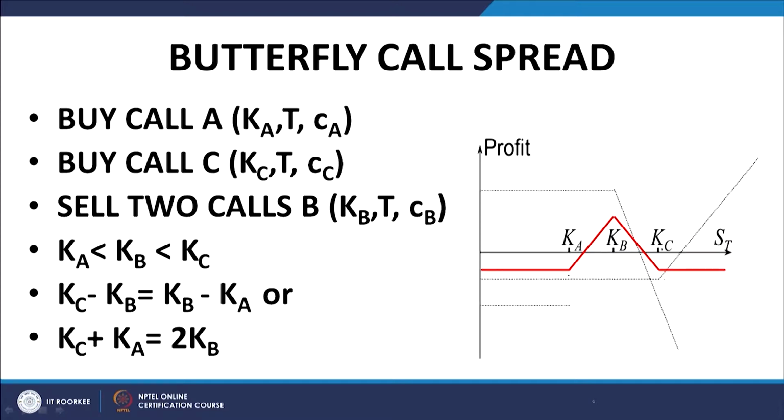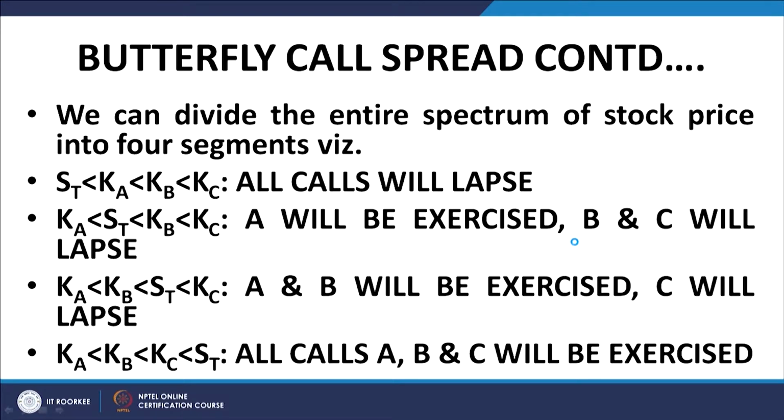Now, in this case, if you look at this diagram, you have to split up the entire spectrum of possible stock values on maturity into 0 to Ka, Ka to Kb, Kb to Kc, and beyond Kc to infinity. What happens in the various cases?